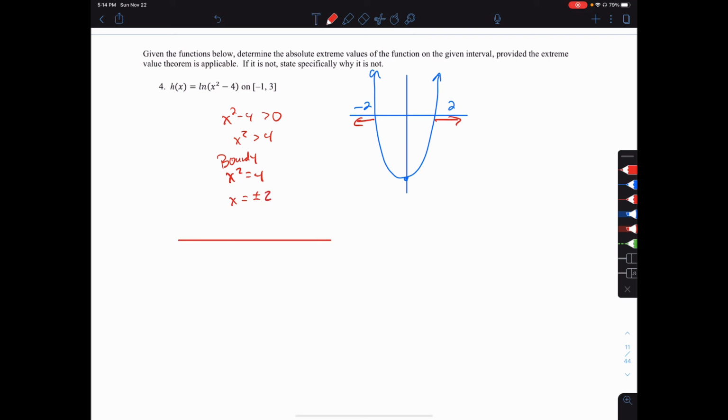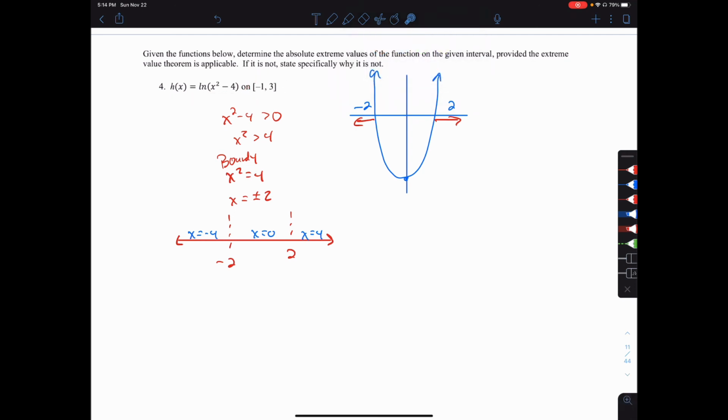If you then make a sign diagram, breaking apart the numbers to the left of negative 2, between negative 2 and 2, and to the right of 2, pick a test point in each of these intervals, like a negative 4, a 0, and a positive 4. Keep in mind, right now, we're just trying to figure out, does the extreme value theorem even work? We have to figure out if this is continuous on this domain.